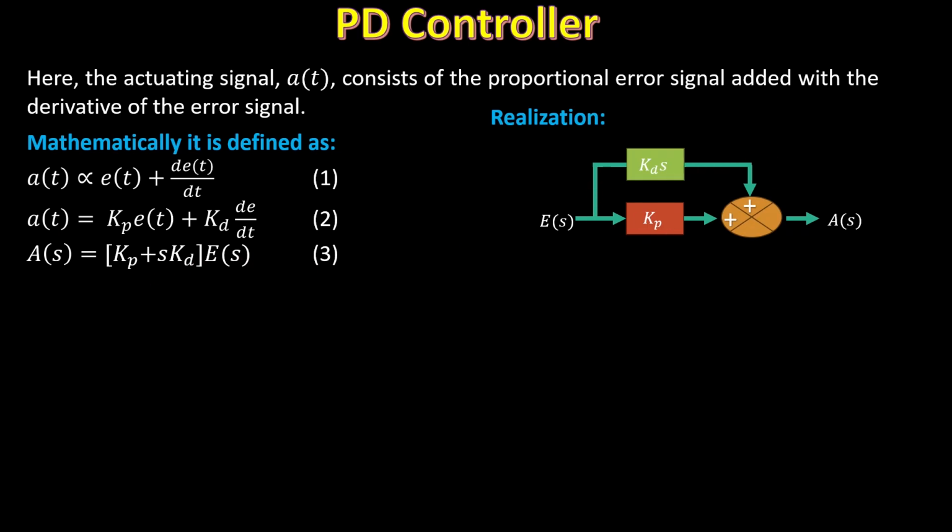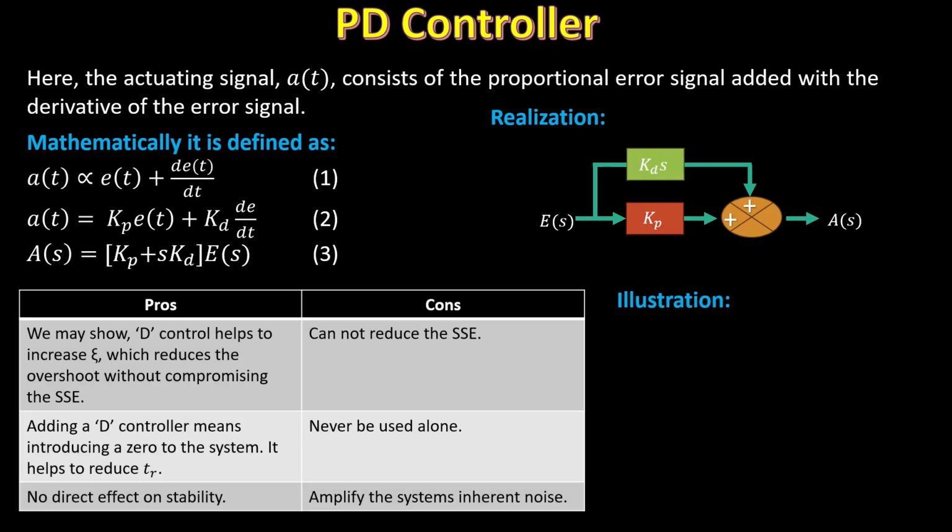So what are the major advantages, or pros, of this PD controller? As I said, let me illustrate here again. This is, let's say, the desired value 10, and in case of normal Kp, that means proportional controller with Kp equal to 1, this will be the output.